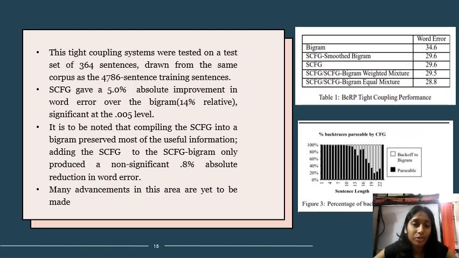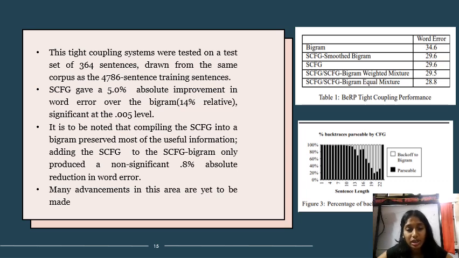The tight coupling systems were tested on a test set of 364 sentences drawn from the same corpus as 4,786 training sentences. SCFG gave a 5% absolute improvement in the word error over the bigram, significant at the 0.005 level. It is to be noted that compiling the SCFG into a bigram preserved the most successful information. Adding the SCFG to the SCFG bigram only produced a non-significant 0.8% absolute reduction in word error.